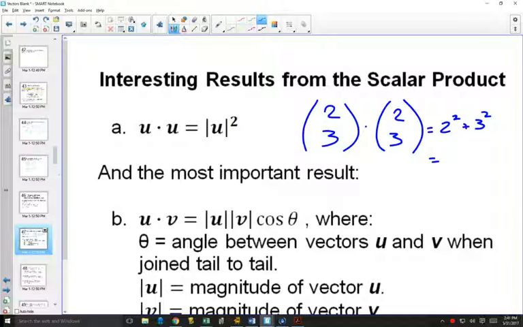And we find a squared plus b squared equals c squared is our formula for finding the magnitude of any vector. So if you just do the dot product of the vector with itself, you get the magnitude of that vector squared, because you haven't square rooted it.